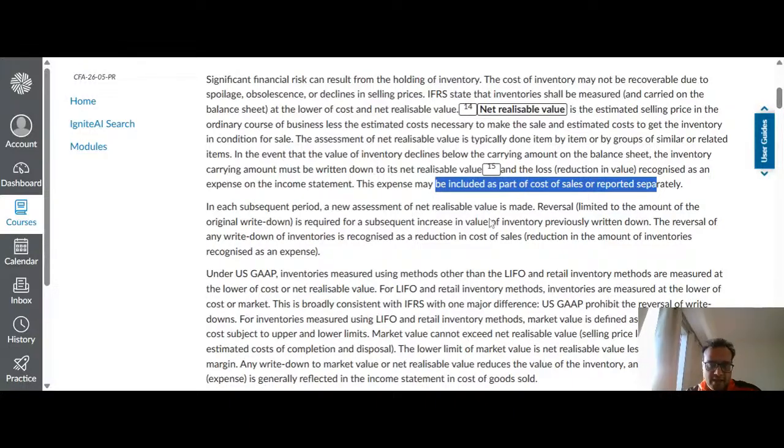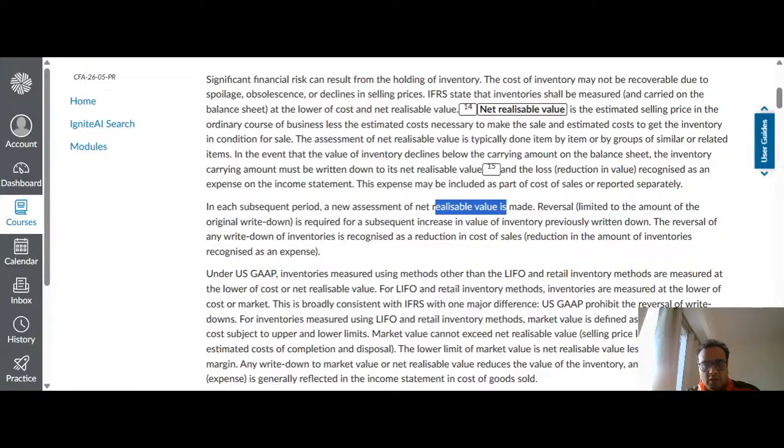In each subsequent period, a new assessment of NRV is made. A reversal of the amount originally written down is required for a subsequent increase in the value of inventory.